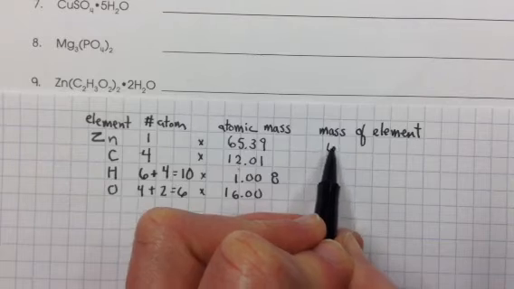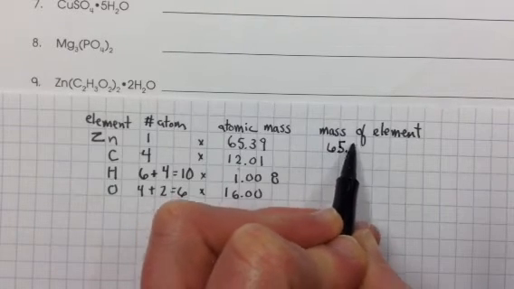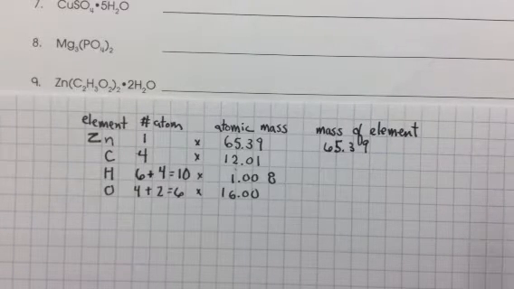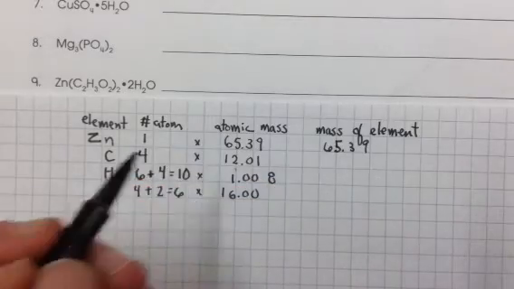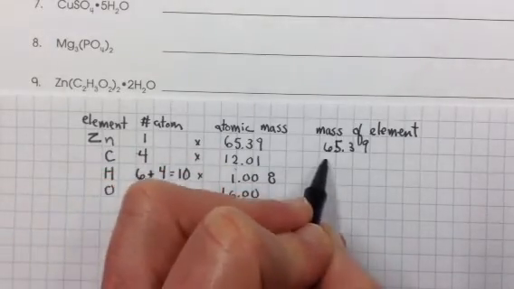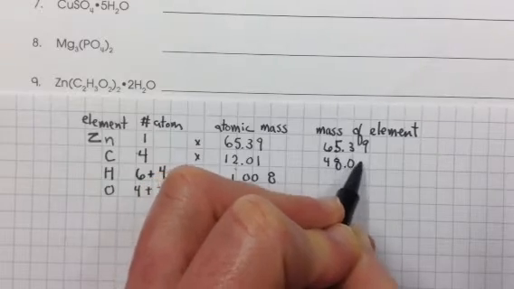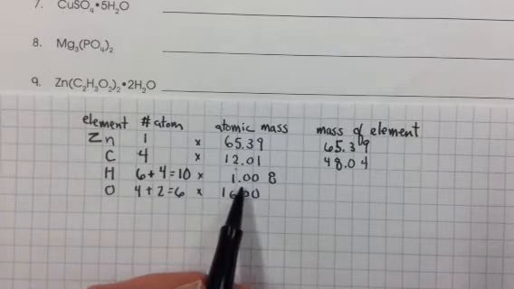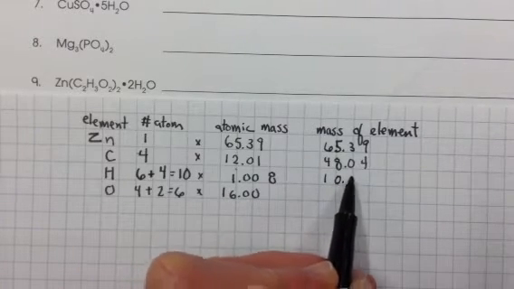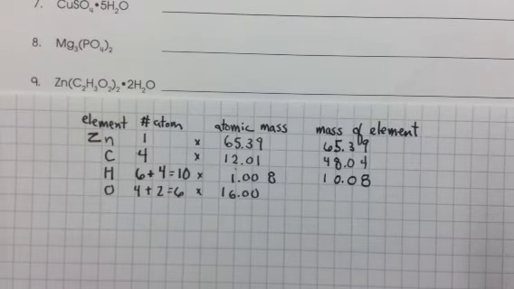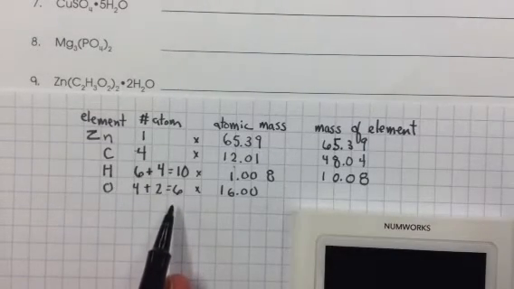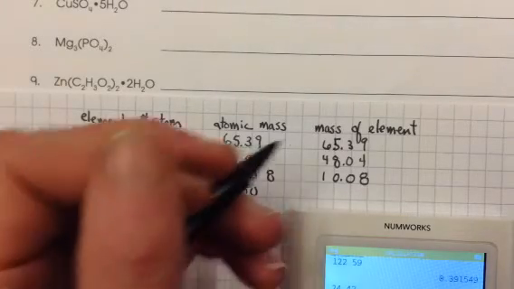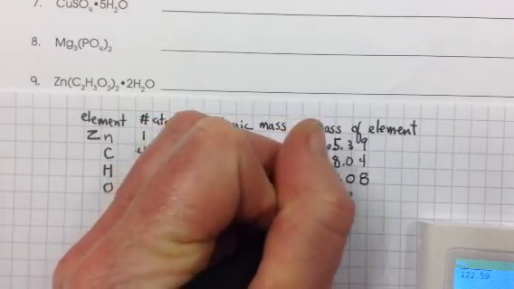So we have 65.39. That part's easy. 4 times 12.01 is 48.04. And then 10 times 1.008. Ooh, I can actually do some of these in my head. And let me see. We have 6 times 16. 96.